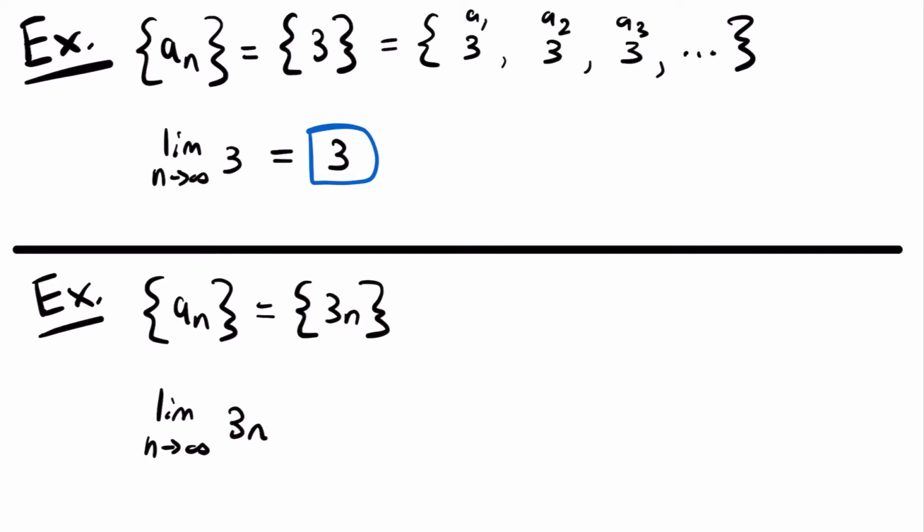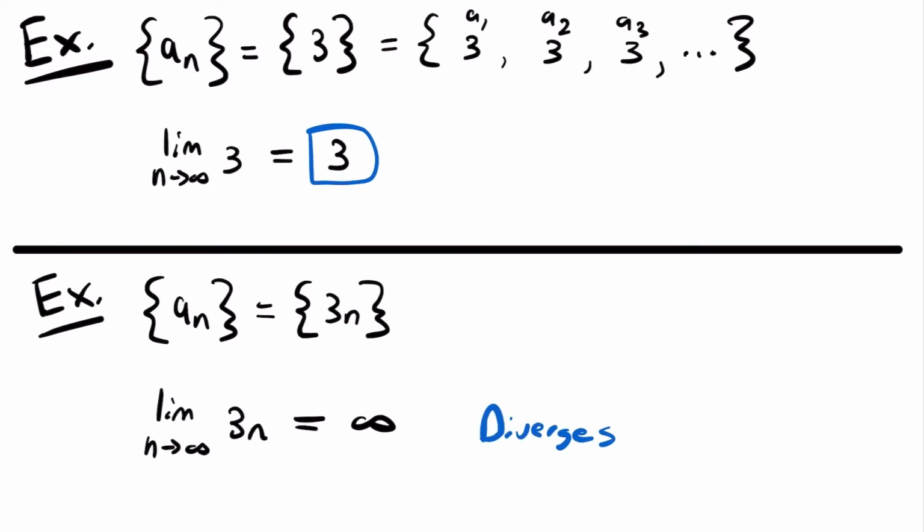As you pick larger values of n to plug into this expression, that expression will become larger. So we would say that this limit is equal to infinity, and since that is an infinite value and not a specific finite value, we cannot say that this sequence converges. In fact, we would say that it diverges.